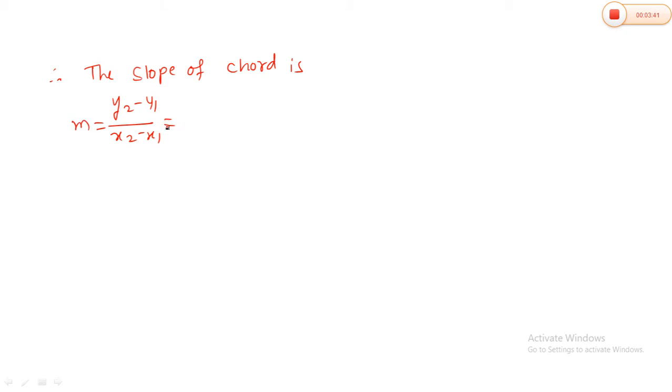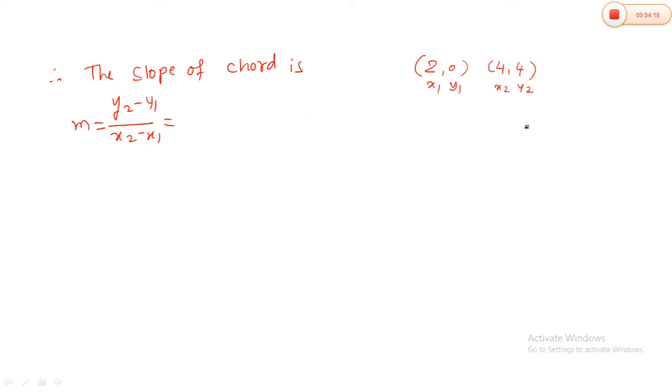The points are (2, 0) and (4, 4). Using these two points, consider them as (x1, y1) and (x2, y2).